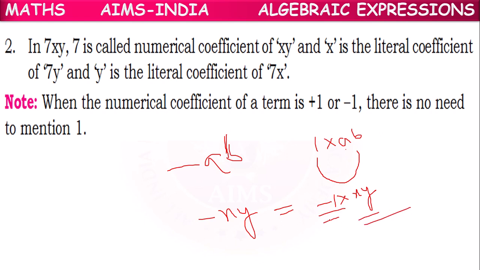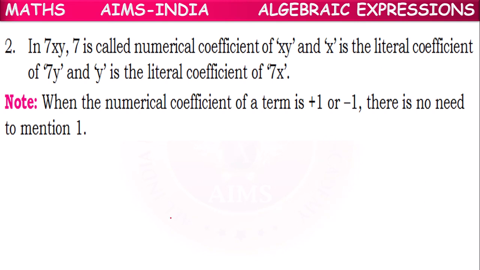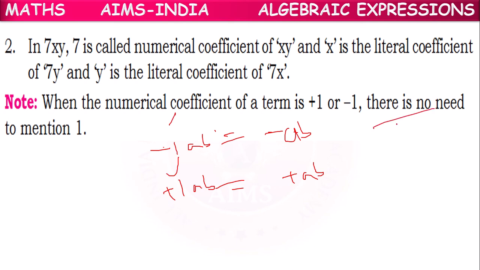Then minus 1 is the numerical coefficient of xy. For expressions like minus AB or plus AB, no need to mention 1 here. We can simply write minus AB or plus AB, because if there is no numerical coefficient, we assume there is 1.